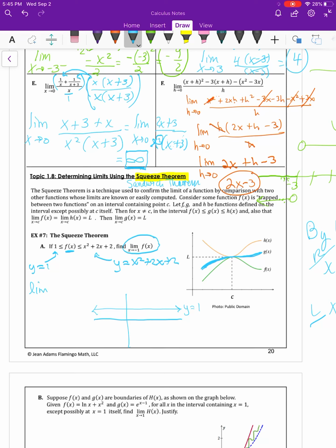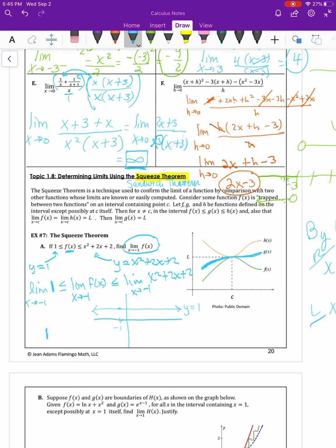And I know that the limit as x approaches negative 1 of y equals 1 is going to be 1, because it doesn't matter what you're approaching. Here's -1, and if I'm approaching it, I'm going to get 1. You're always going to get 1 because it's a constant.